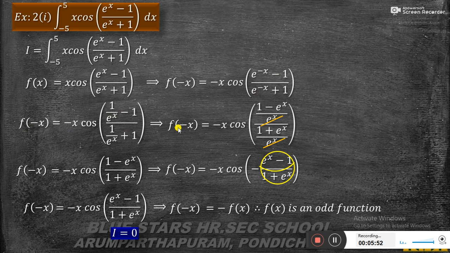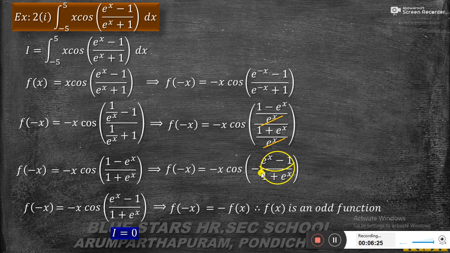So f of minus x equals minus x cos of, just doing the cross multiplication, 1 minus e power x by e power x, 1 plus e power x by e power x. So e power x cancelled. So minus x into cos of 1 minus e power x by 1 plus e power x. Which implies f of minus x equals minus x cos of, now I take the minus sign from the numerator, so minus of e power x minus 1 by 1 plus e power x.